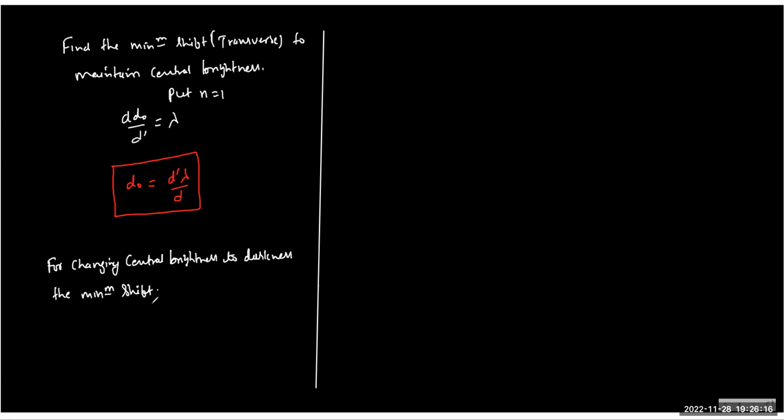For changing central brightness to darkness, the minimum shift in source position, what can we write? d naught by D dash equals lambda by 2. And therefore the answer will be d naught equals lambda D dash by 2D.